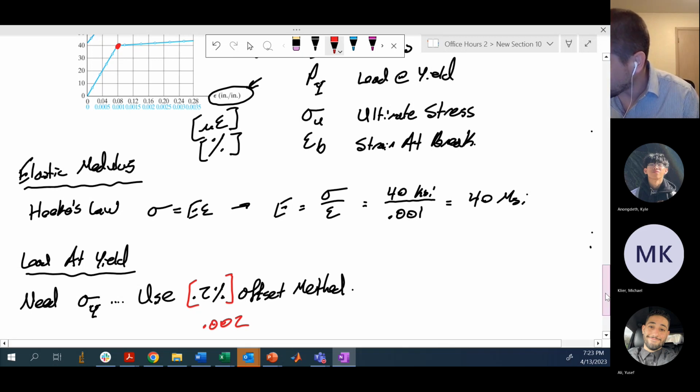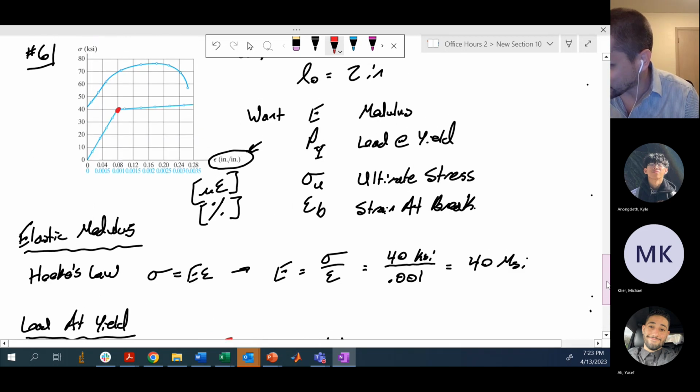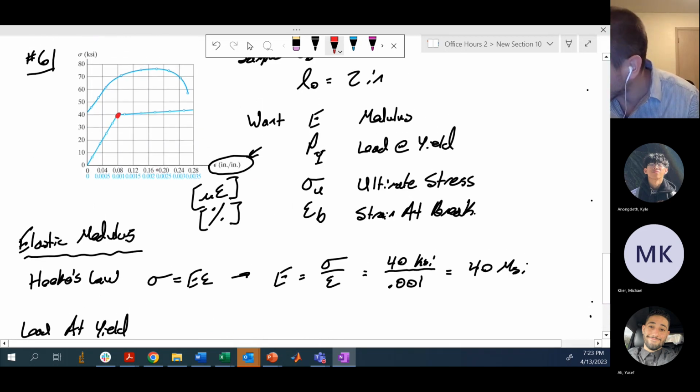So let's remind ourselves what that 0.2% offset method is. We're going to start at an x value of 0.002 and a y value of 0. So here's my 0.002 right here. So that's where I'm going to start. And I want to draw a line that is parallel to this elastic modulus line until it runs into my stress strain curve. So it's going to look something roughly like this.